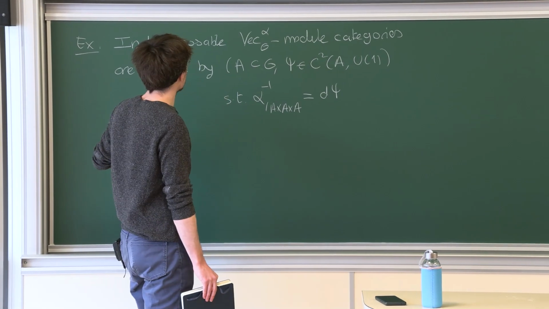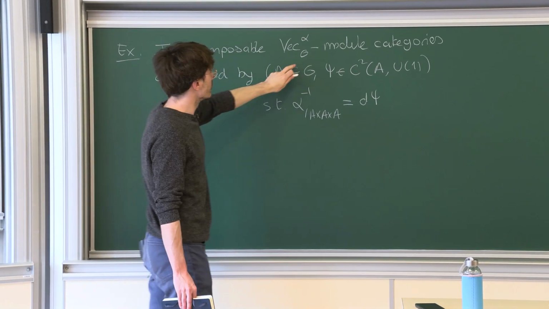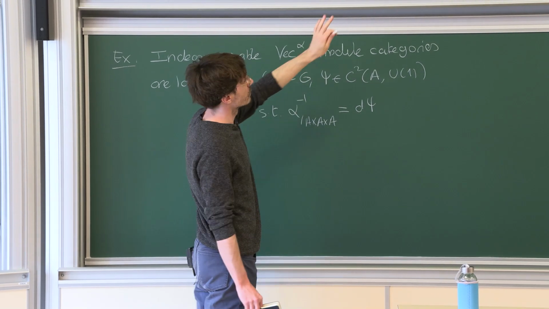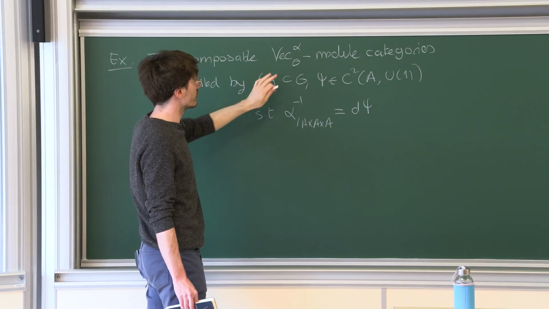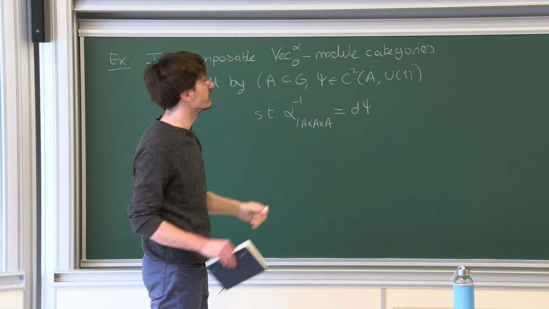So indecomposable here means the fact that the object. It's a bit more delicate to write down everything. In the case when there is no alpha, it's easier. But when there is an alpha, it's a bit harder to write down explicitly these symbols.